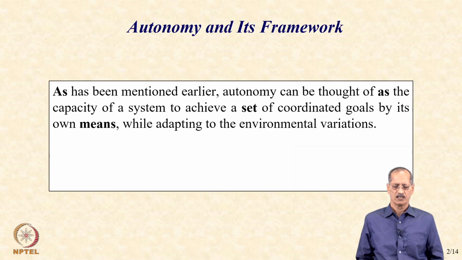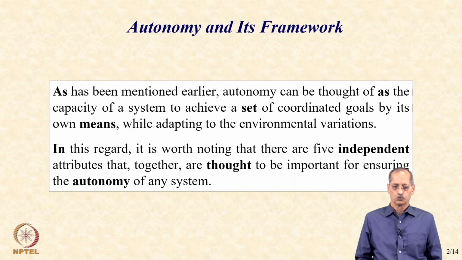We consider ourselves to be autonomous, that we have the capacity to achieve our goals by our own means and also take care of the variations or the changes happening in the environment by adjusting ourselves. This is exactly what we would like a system that we are going to create to do, which means we are almost trying to replicate ourselves.